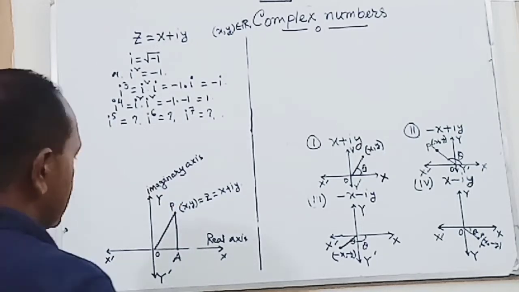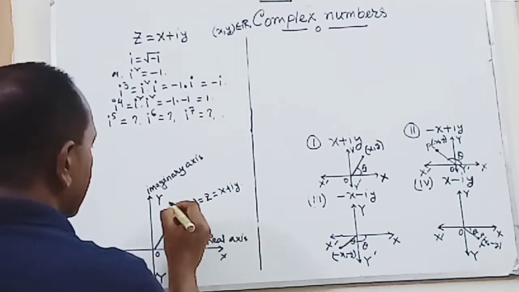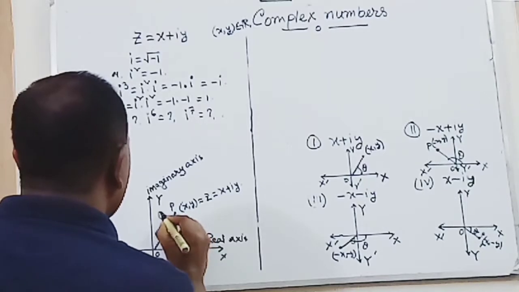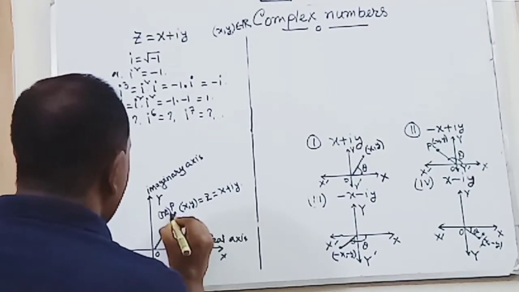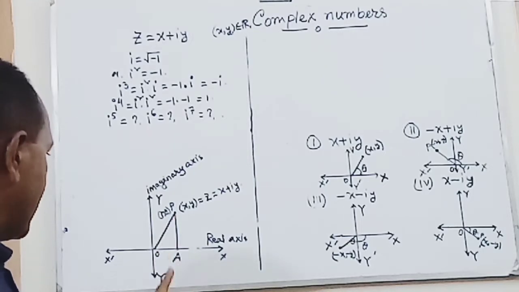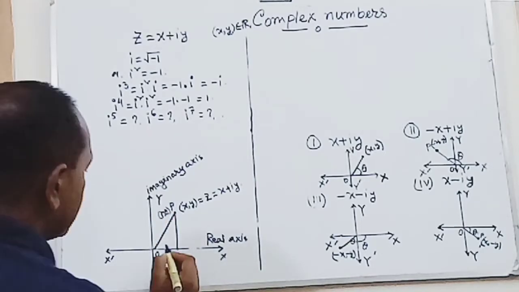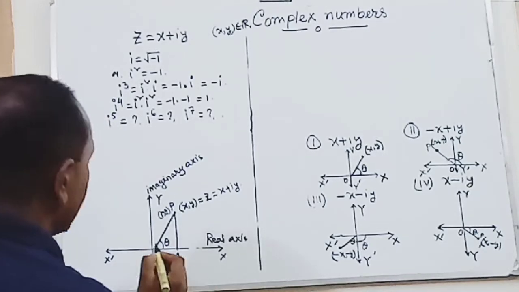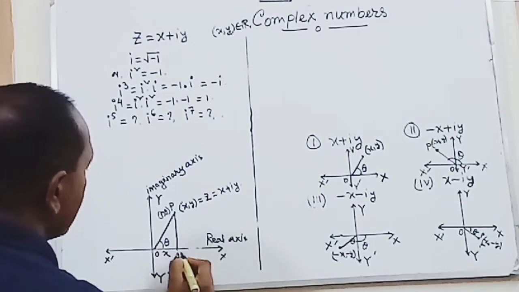Now let us say the polar coordinate of this point is r comma theta. So r represents OP and theta is the angle with the positive direction of the x-axis, and OA is equal to x and AP is y.